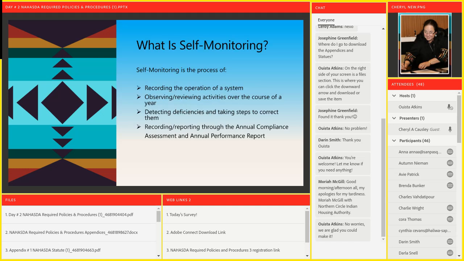It's the process of recording the operations of your systems, observing and reviewing activities over the course of a whole year, detecting deficiencies and taking steps to hopefully correct them, recording and reporting through your annual compliance assessment and annual performance report.